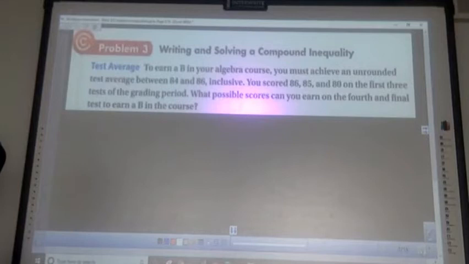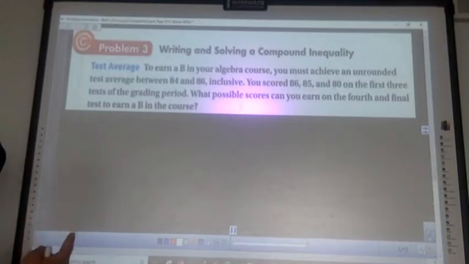To earn a B in your algebra course, you must achieve an unrounded test average between 84 and 86. So what's your test average have to be? What number's in between 84 and 86? 85. So you want an 85 average, right?